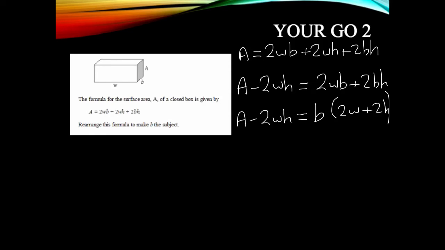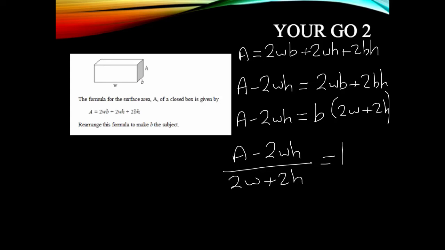So I will get a minus 2wh all divided by 2w plus 2h, and that equals b here. And again, for neatness, I'm just going to rewrite it. b equals a minus 2wh over 2w plus 2h.